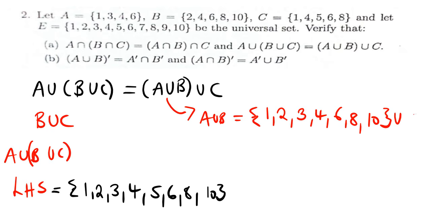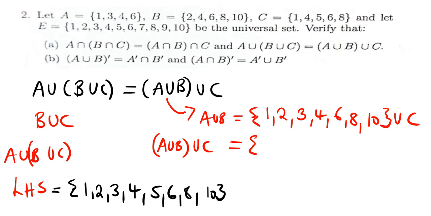Then we are uniting this one with C. This is A union B union C. When we combine with C, what do we get? What is unique about C?